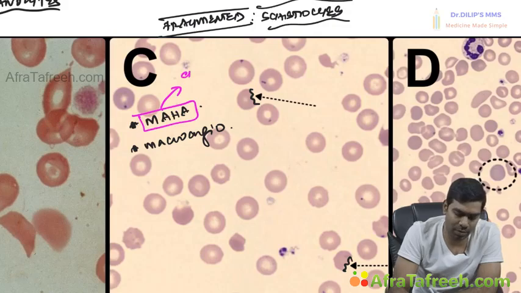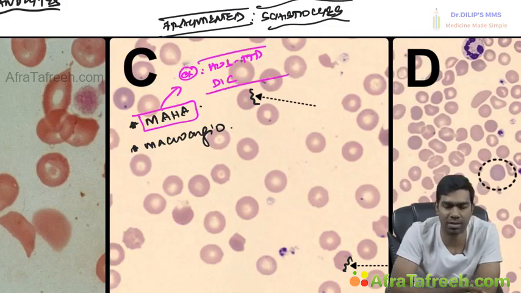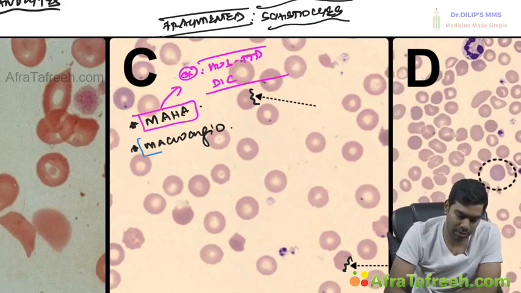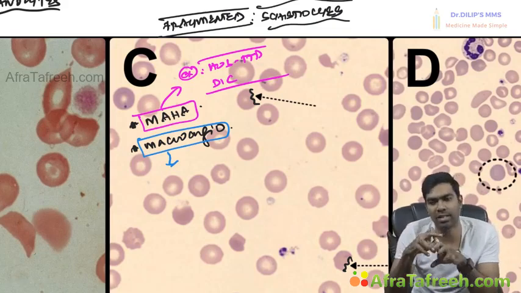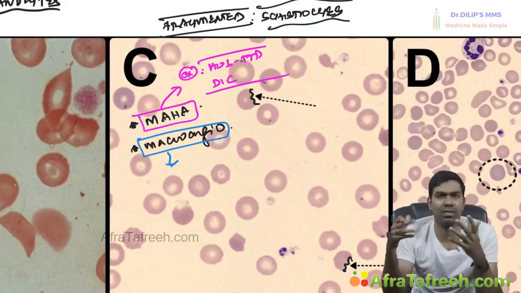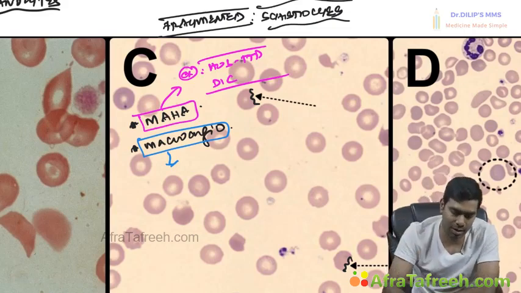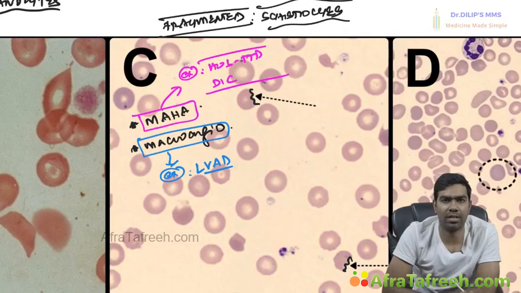schistocyte. So an example of microangiopathic hemolytic anemia is characteristically the HUS-TTP complex, or it can happen in DIC, otherwise called disseminated intravascular coagulation. Macroangiopathic hemolytic anemia typically happens when there is a mechanical structure and the RBC has to pass through it and is torn due to shear stress. Example, when passing through a mechanical device like an LVAD, which means left ventricular assist device, which you place in terminal heart failure patients.